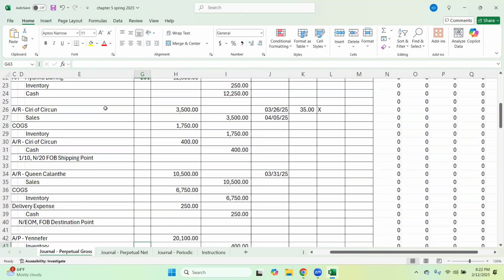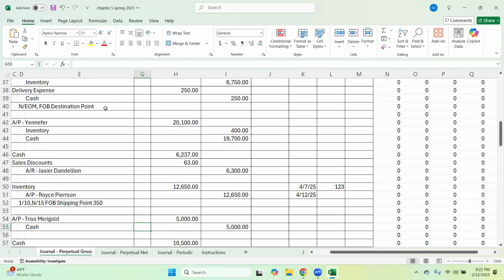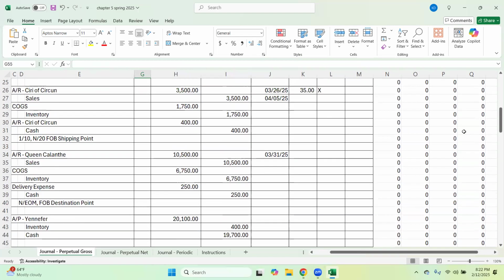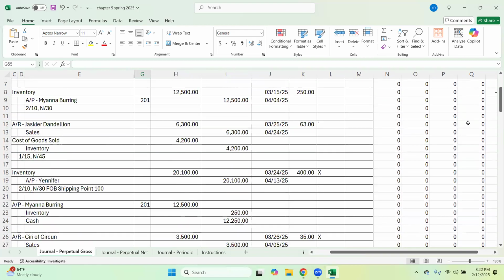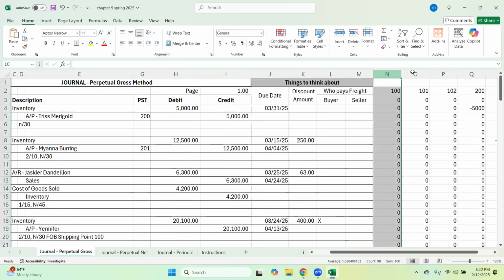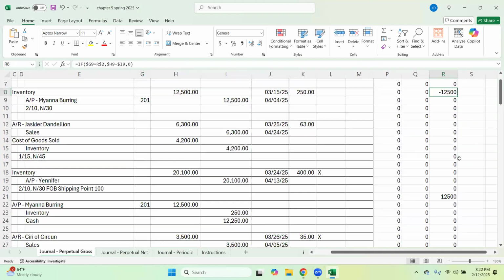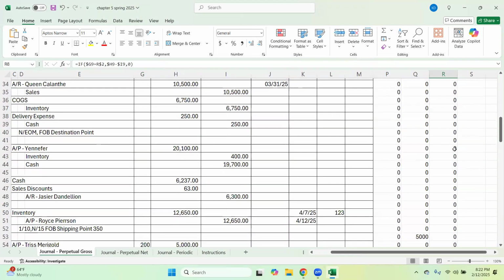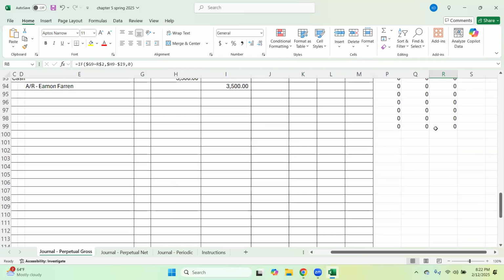I know she's in here somewhere. Okay, so look at that. When I went and entered those in, there's the 5,000. Now you can see all of them. There's the 12,500. So basically, I'm double checking myself to make sure I've got everybody entered in there.